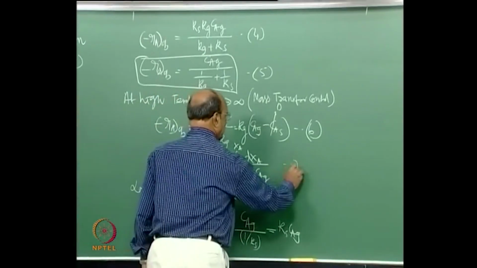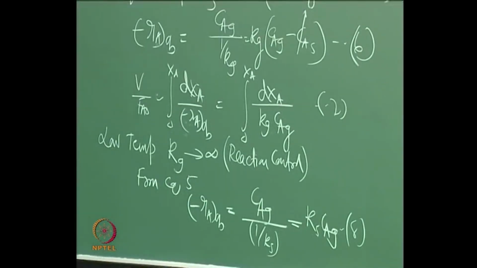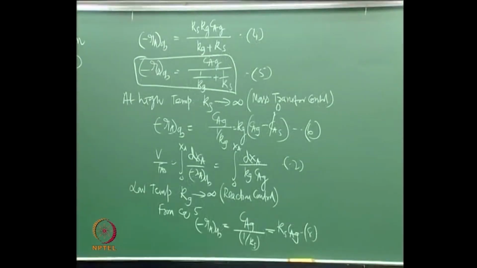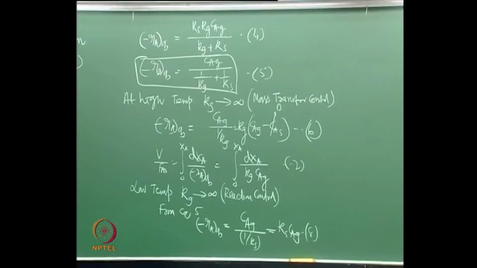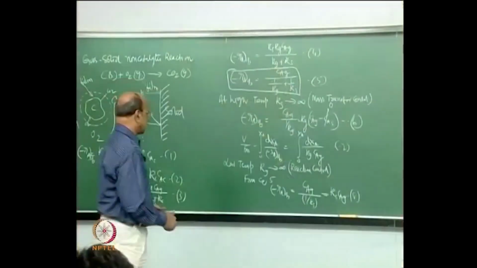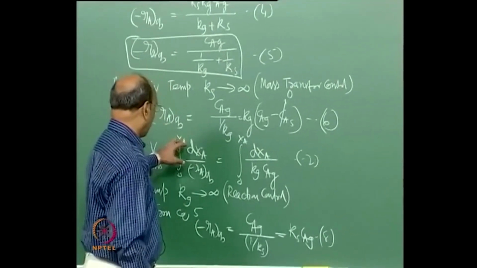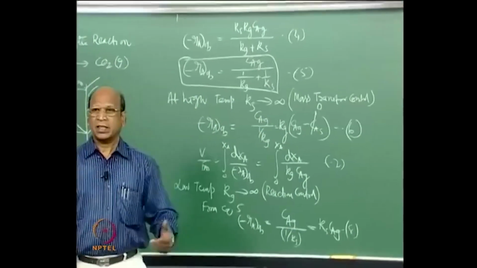So, this is equation 7, this is equation 8. At low temperatures the reaction may not be that fast. Ks is less, the reaction is not fast, right, at low temperatures. So, that is the reason why Kg relatively is faster when compared to Ks, right. So, that is the reason why Kg will be a very large value. So, 1 by Kg is neglected, then it will be only Ks, which is reaction control.